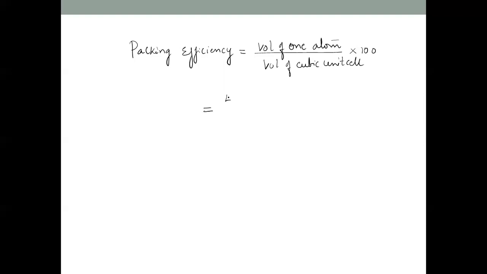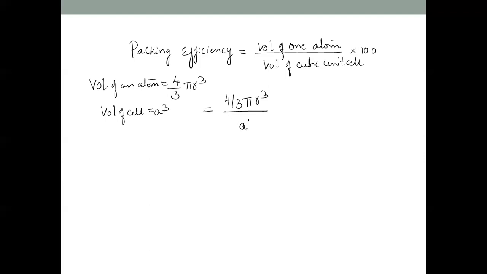We know that the volume of one atom is 4 by 3 pi r cube, and the volume of the unit cell is a cube, which is (2r) whole cube. So it is 4 by 3 pi r cube by 8r cube into 100.